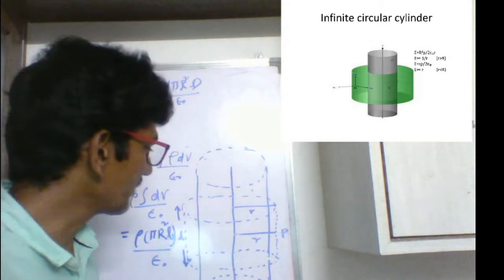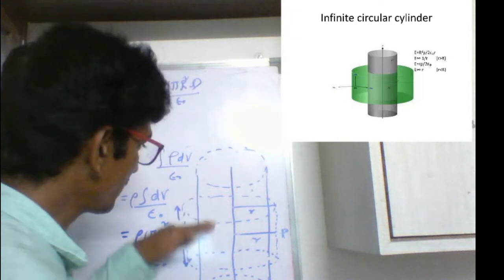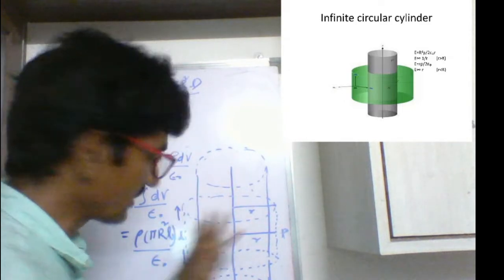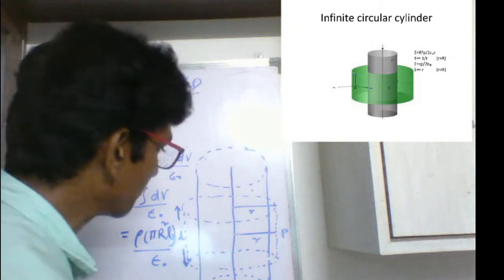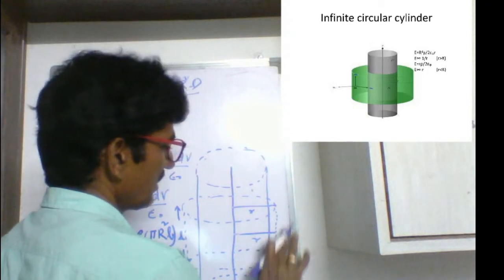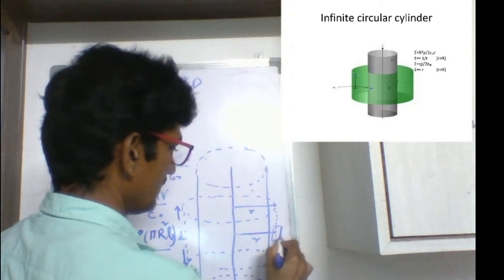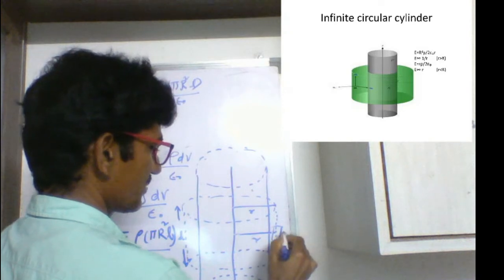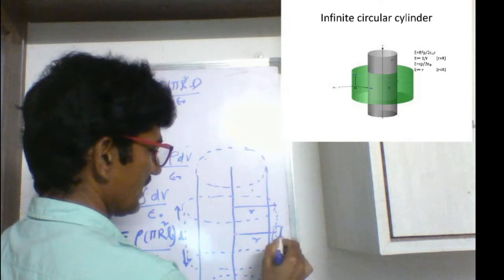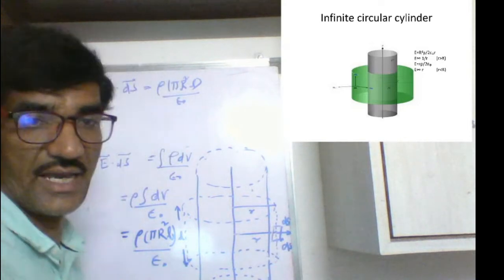Our Gaussian surface is a cylinder, having three sides: top and bottom as well as the lateral surface. Now where is our ds? Let us draw our ds, because our point P is here. This is the direction of ds.